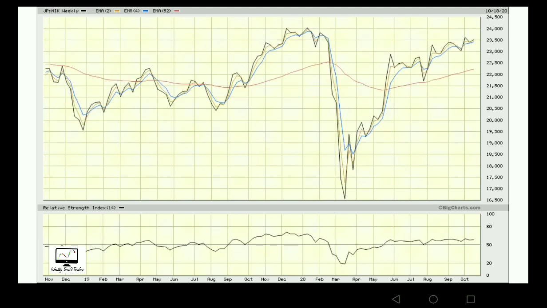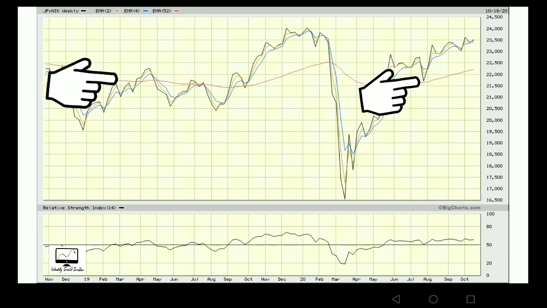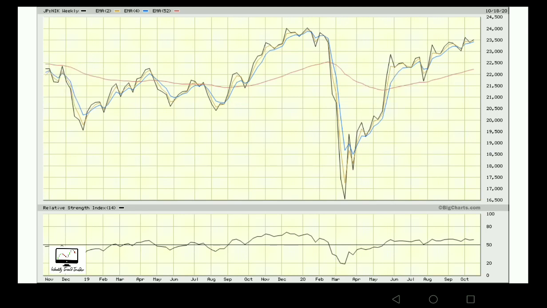So here's the Nikkei. Look at this one, a little bit different. We had that falling 52-week moving average, and then a slight rise, and a slight fall again when we had the COVID sell-off, and then a slight rise. But look at the pattern recognition again. Look at that level of 24,000. We close in December right on 24,000. Market falls back a little.